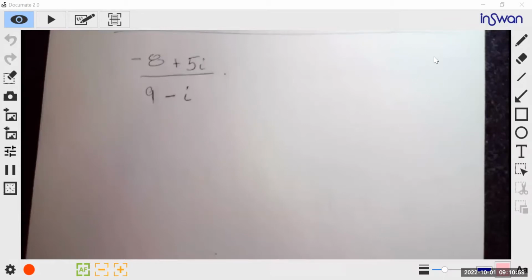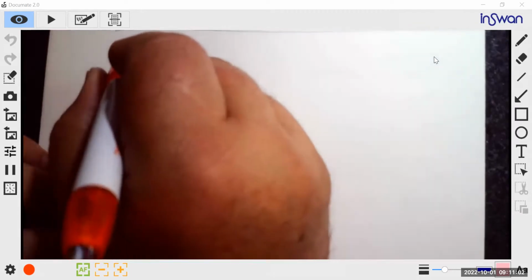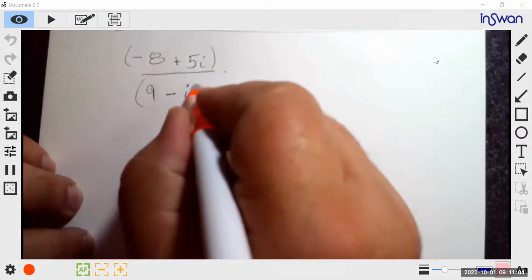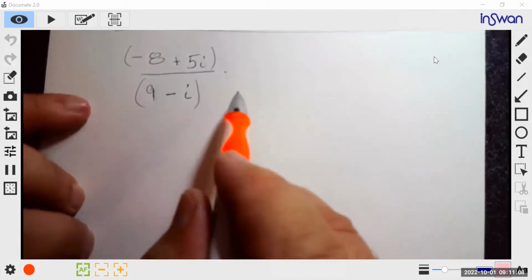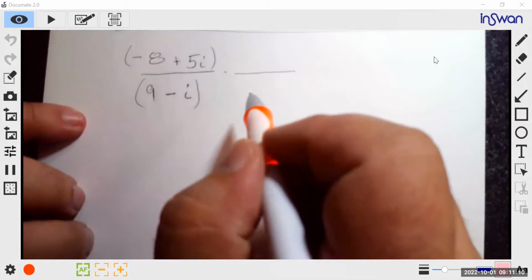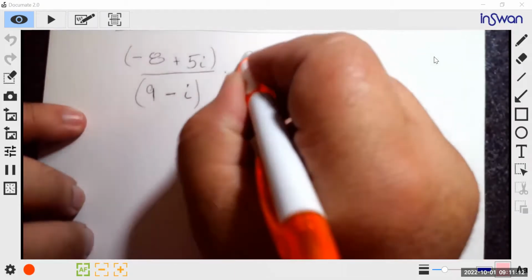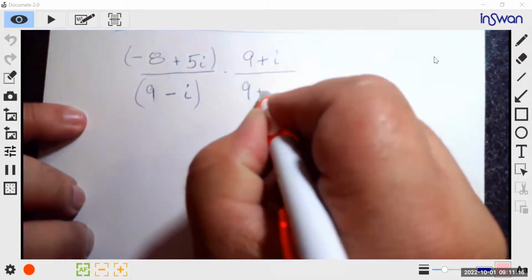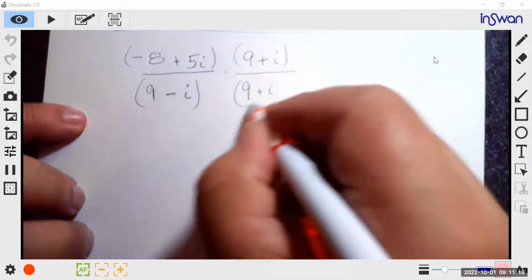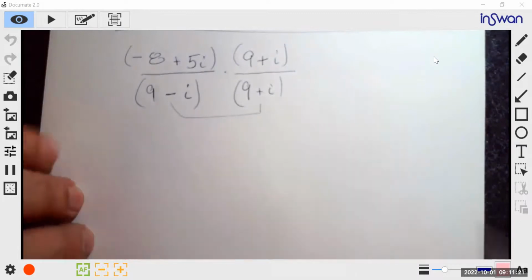So for the first one, is it 81 minus i? Well, first of all, what do you multiply by? 9 minus i, plus i. Because it has to be the same numbers. It's just that they have to have different signs.